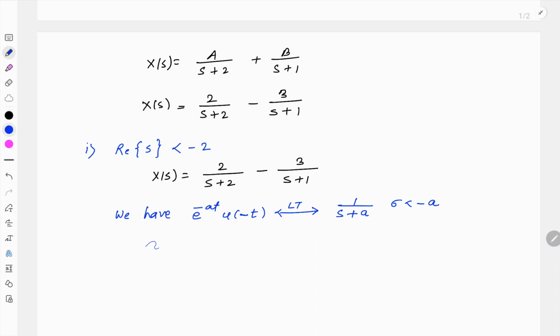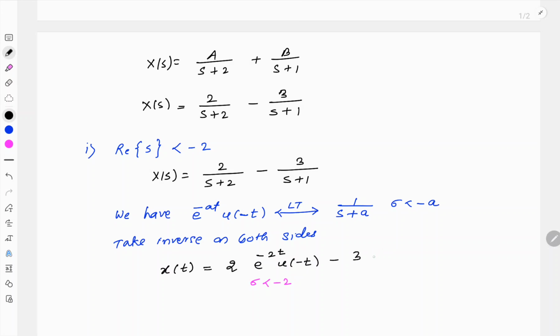So by taking inverse on both sides, we have x of t equal to 2, the coefficient, as it is. 1 upon s plus 2 will become e raised to minus 2t u of minus t with RoC sigma less than minus 2, and the second term, minus 3 will be as it is, e raised to minus t u of minus t with RoC sigma less than minus 1.